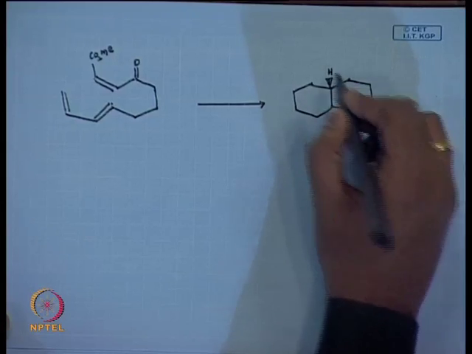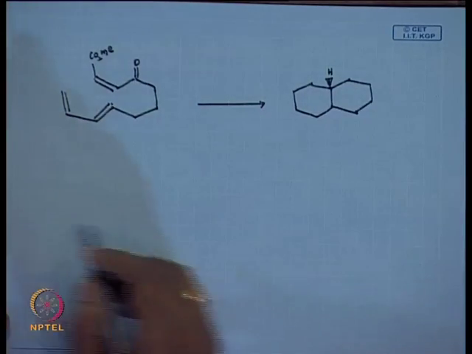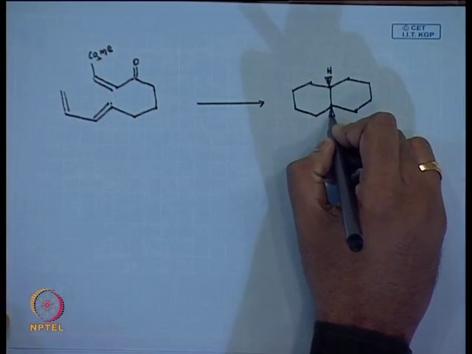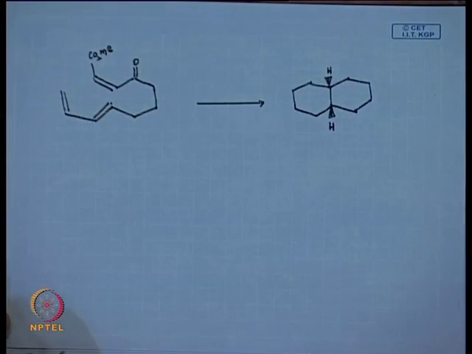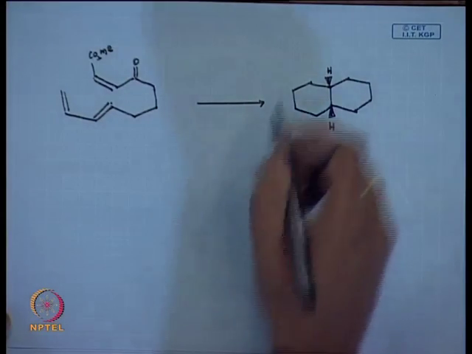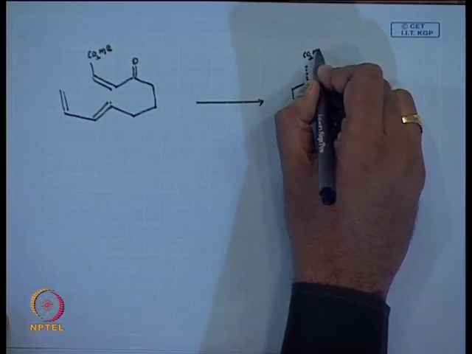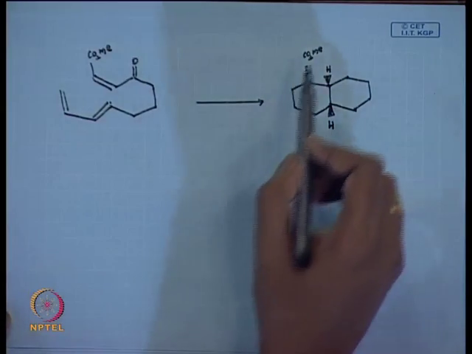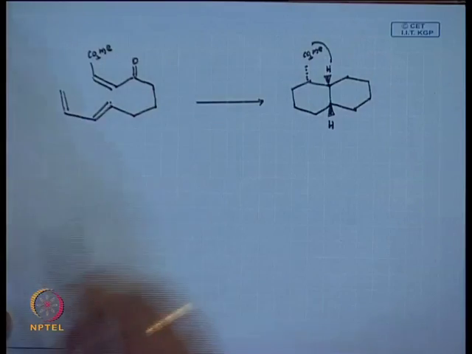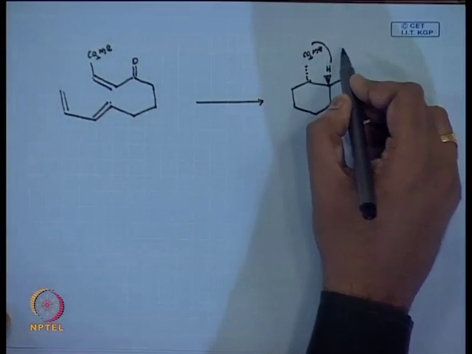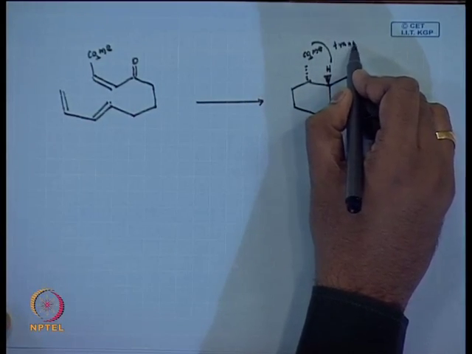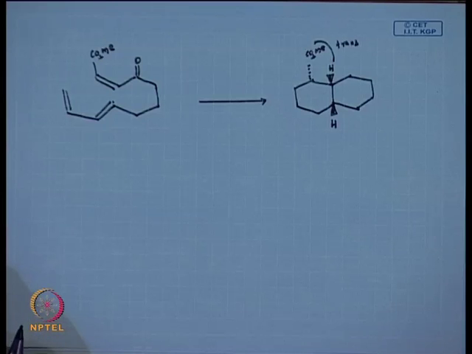What we have studied is that this system should be a cis ring junction, okay, but very interestingly you have a CO2Me, that this and this are trans, right. So, you get this type of product.